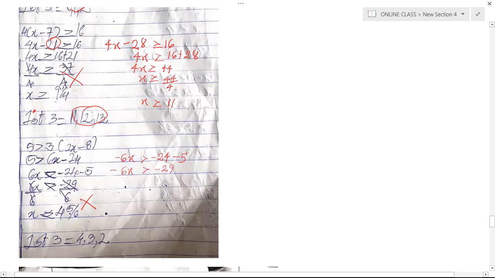This minus here will change the whole thing to positive, and the sign to less than. That will be minus 29 over minus 6. Minus cancels minus. And you have x is less than 4 whole number 5 over 6.